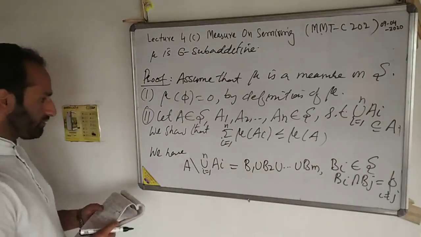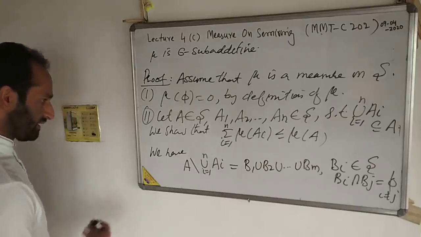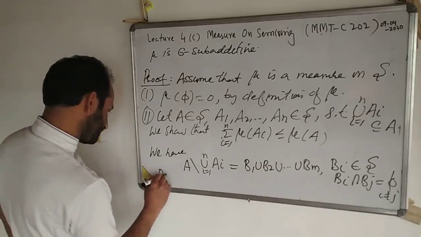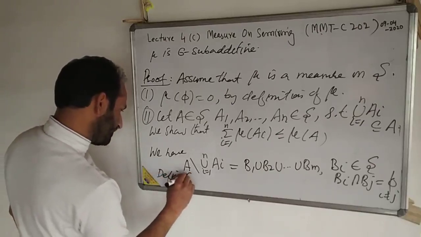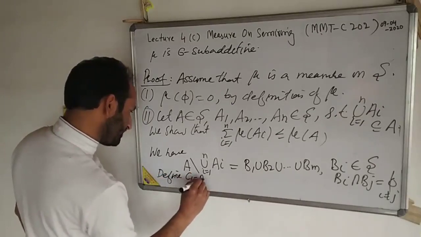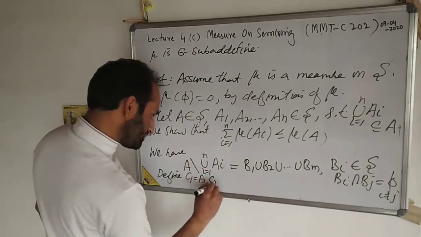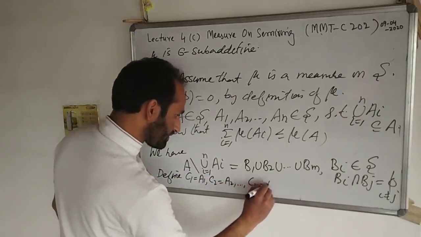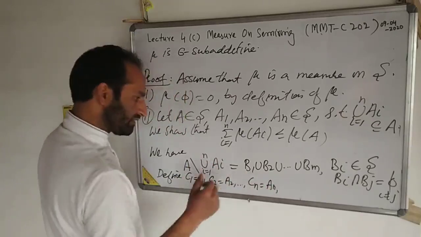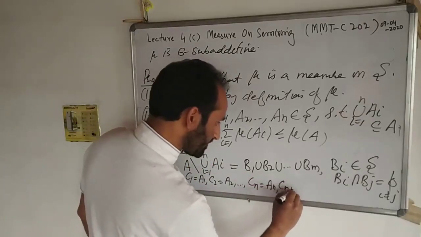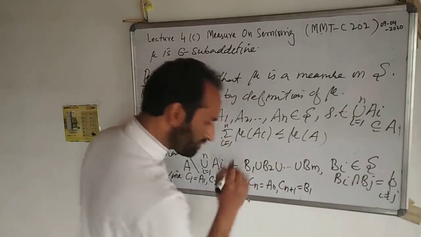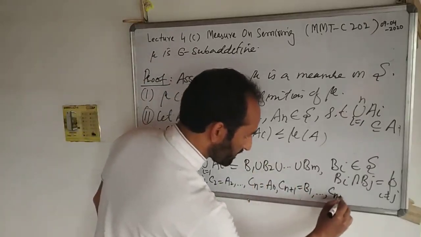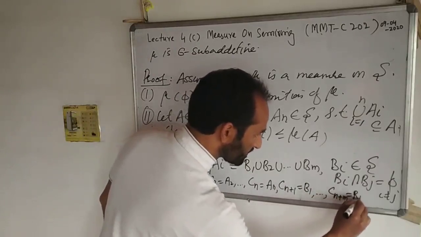So now we construct a finite class of sets. Let's define C1 equal to A1, C2 equal to A2, up to Cn equal to An. Then define Cn plus 1 equal to B1, up to Cn plus m equal to Bm.